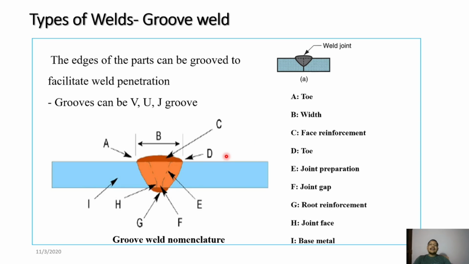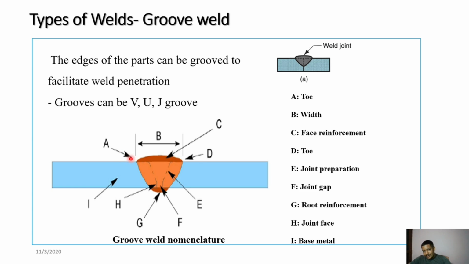The next type of weld is called the groove weld. The nomenclature of a groove weld is shown over here. The top portion of the weld, which is projecting out of your plate, is called the toe of the weld.